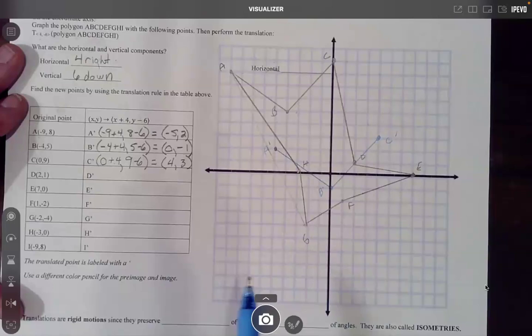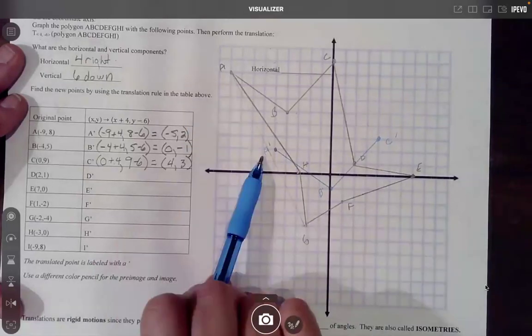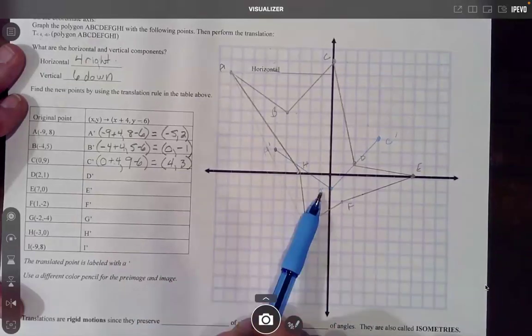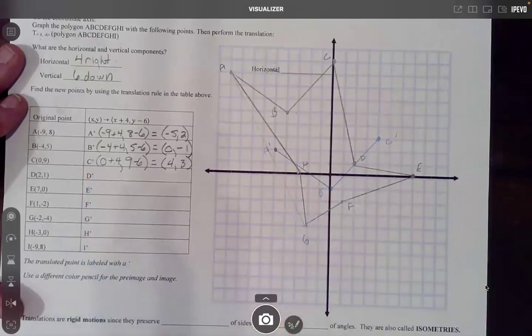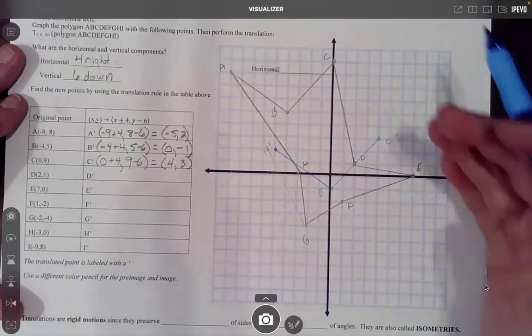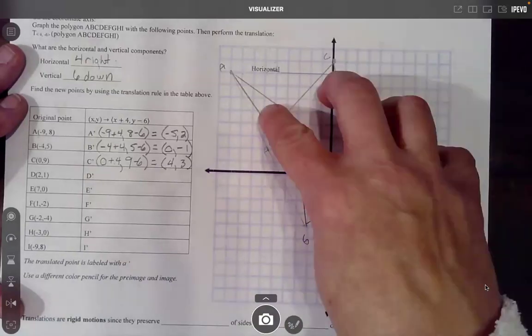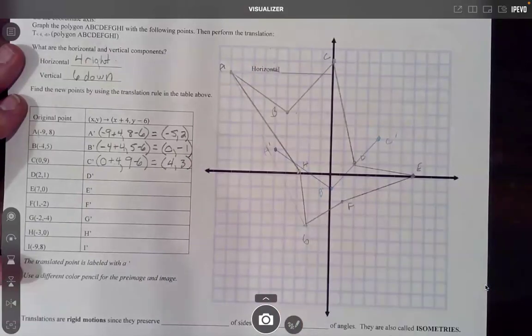Notice one thing, label each point. You're going to label them with the same letter, but the image has a prime. A prime, B prime, C prime, D prime, E prime, F prime, and so on. And when you're done, you're going to get the exact same image, moved to the right 4 and down 6 units.